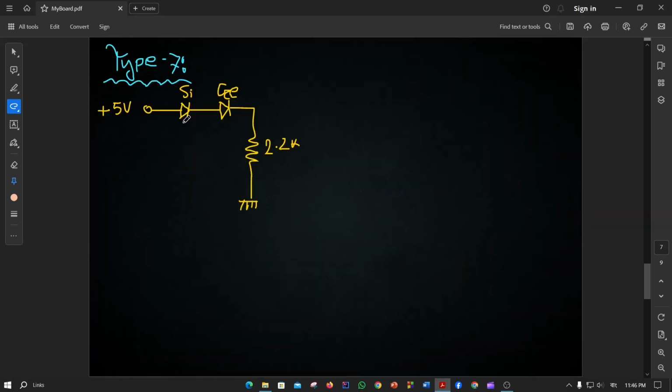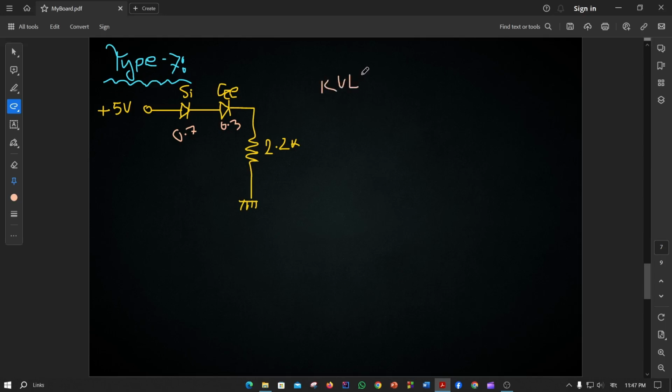Now I will discuss type 7. There is 5 volt. There is a silicon diode whose voltage is 0.7 and a germanium diode of 0.3. So nothing is difficult.